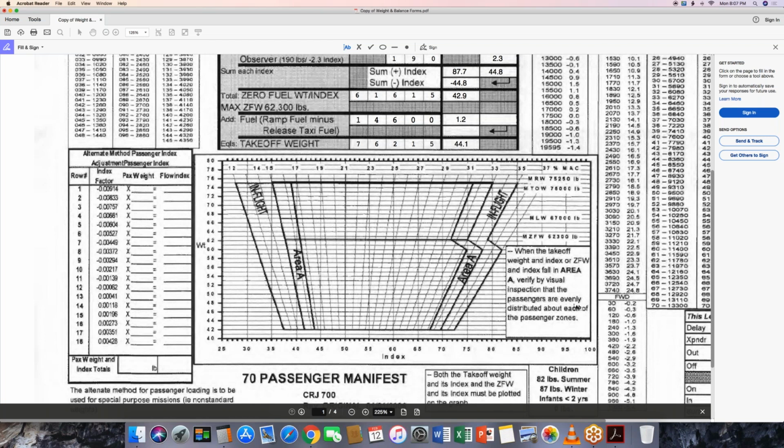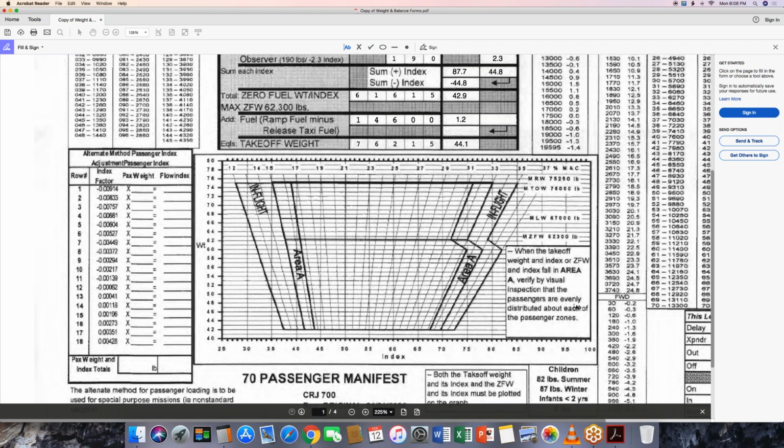So yeah, there are different things that we can do to bring this back in weight. But as of right now, it wouldn't be legal to dispatch. So if we were doing flight planning for our practical, at this point we would go to the DAID and say, hey Greg, looks like we're overweight.